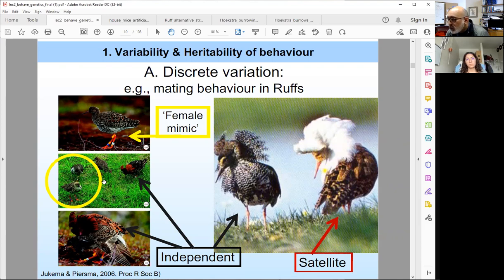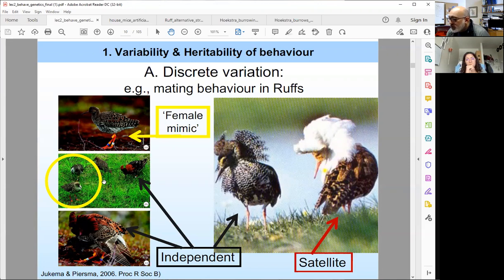So you have one kind of male, this independent male, which is the typical male behavior, right? Strutting around, trying to attract a female. And then there are what we call alternative reproductive tactics. These are other males that have a different strategy, a different mating behavior.